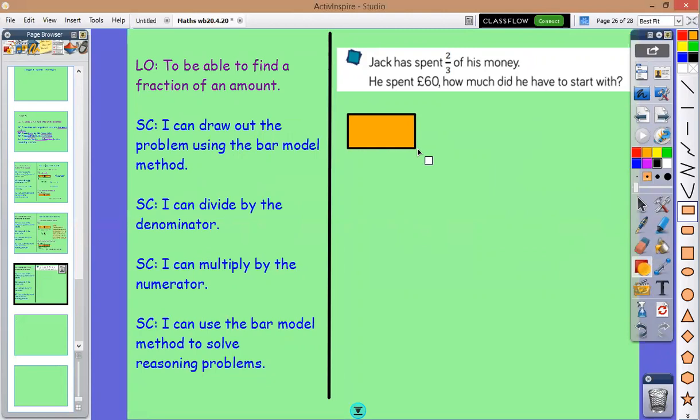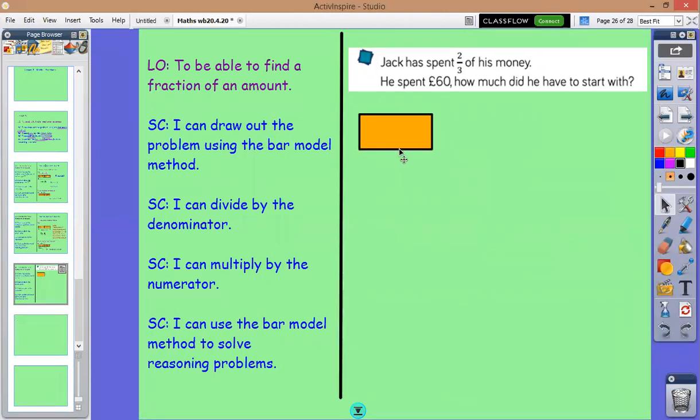So I'm going to make it slightly bigger this time, to make it easier. Because my denominator is 3, I'm going to do 3 boxes, and you can just do this using a pen and paper. I'm just using the computer to help you. So this is my 3 boxes. Now, I'm going to underline some of the key parts of the question here.